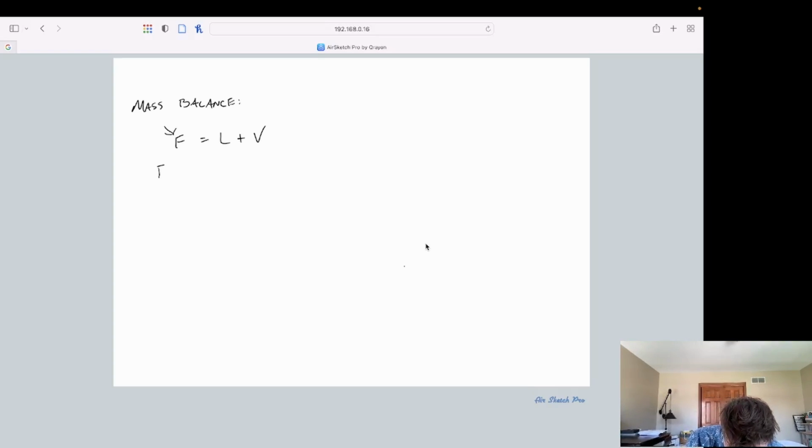And then, if we put in our composition balance, then we're going to have whatever the mole amount in the liquid phase multiplied by the composition of that, the mole fractions in the liquid phase, and then same thing for the vapor phase here.